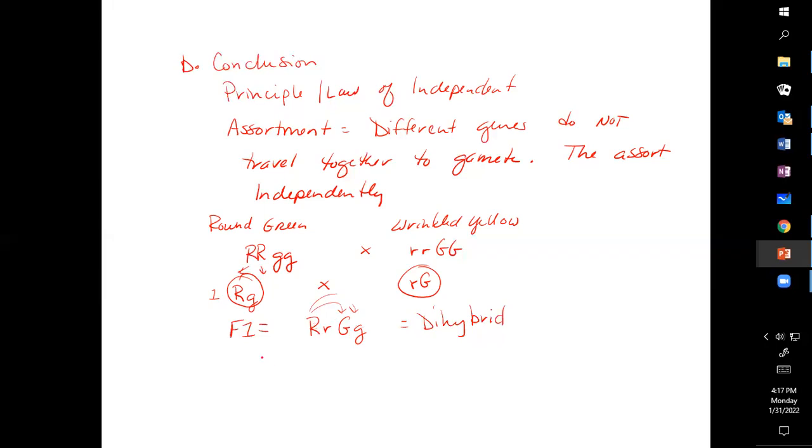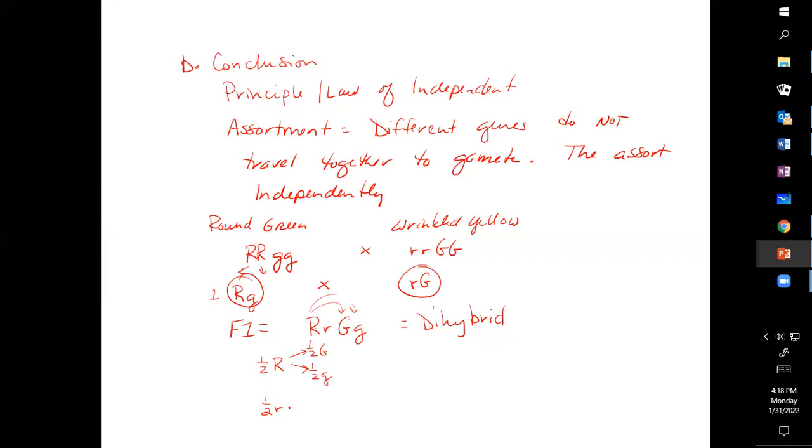We know big R and little r have to separate, so one half of the gametes are going to get a big R and the other half are going to get a little r. Now, if the assortment was independent or random, if big R was just as likely to go with big G or with little g, then half of the time it would go with big G, and half of the time it would go with little g.